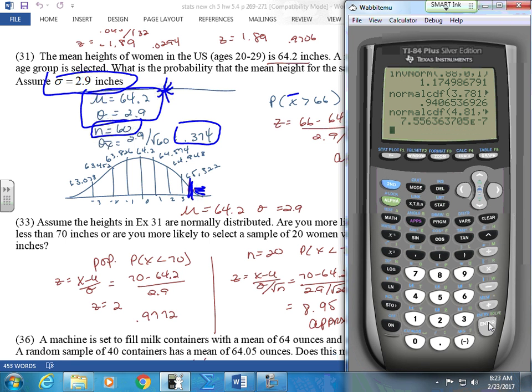Even though your table can't, your calculator can. Look at this guy. I never have a probability greater than 1, do I? So what does this guy mean over here? 7 positions to the left. Look how close, I'm just approximately 0. I would have 6 zeros and a 7. Approximately 0.